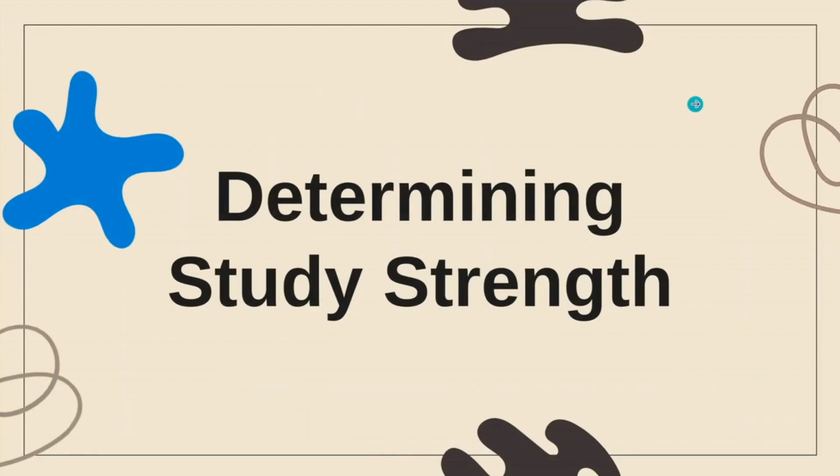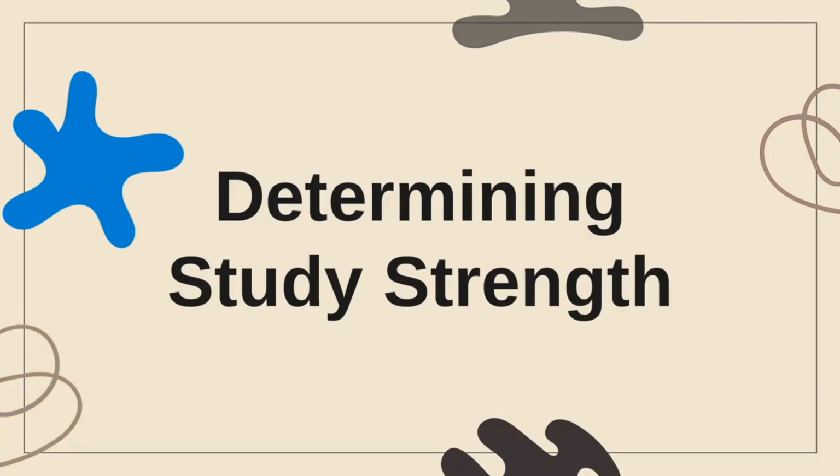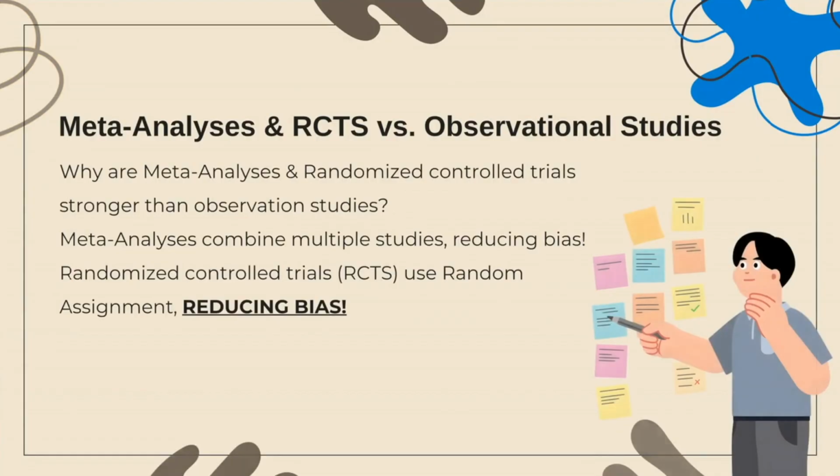Now we move into evaluating research, specifically determining how strong a study is. Not all studies are equal, so it's important to understand which types of research provide more reliable evidence. Meta-analysis and randomized control trials are considered stronger than observational studies. Meta-analysis combines results from multiple studies, which helps reduce bias.